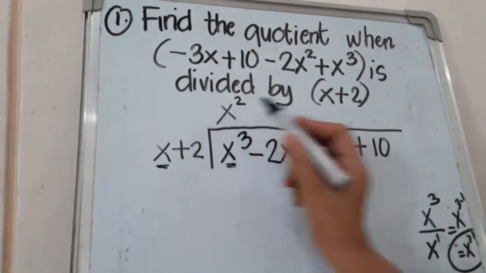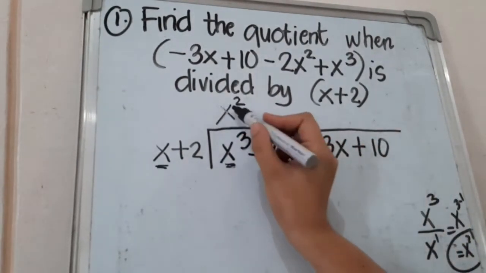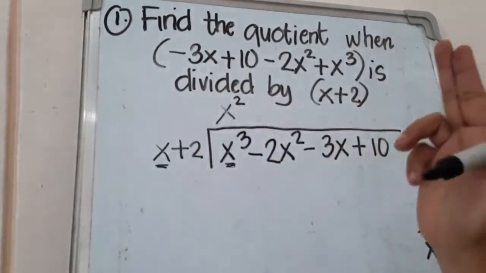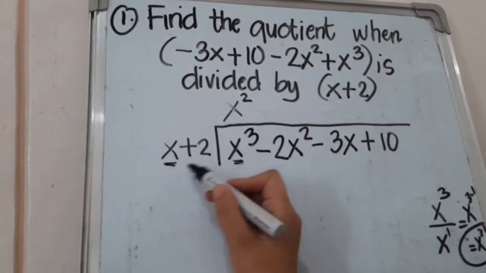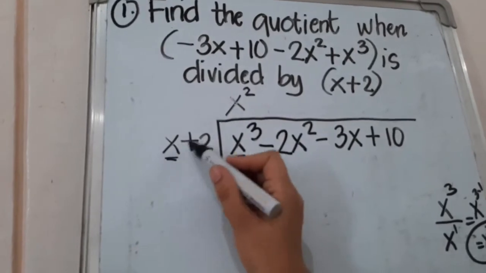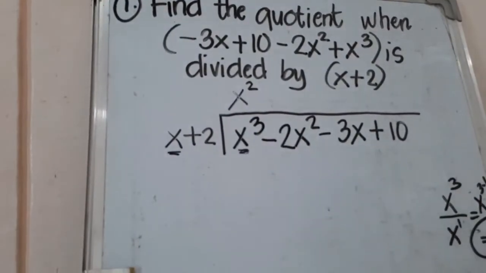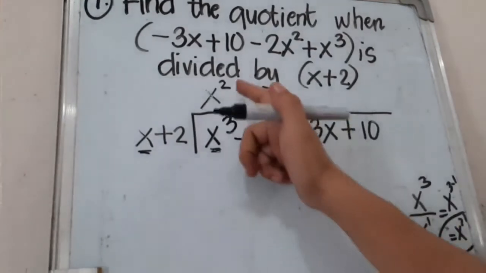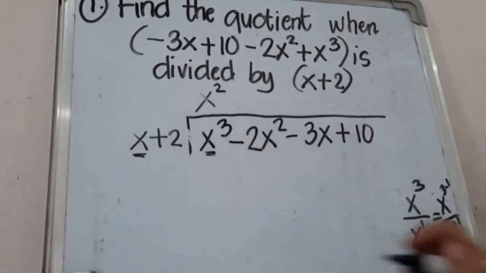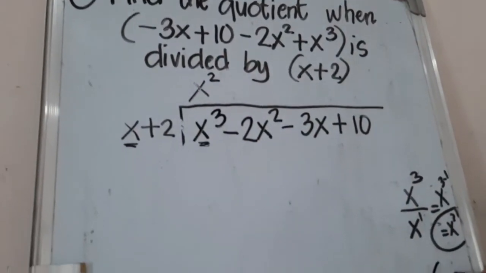Very good. After dividing, the answer, which is x squared, will be multiplied to the divisor. Our divisor is x plus 2. So again, if you have scratch paper, the quotient x squared will be multiplied to the divisor, x plus 2.